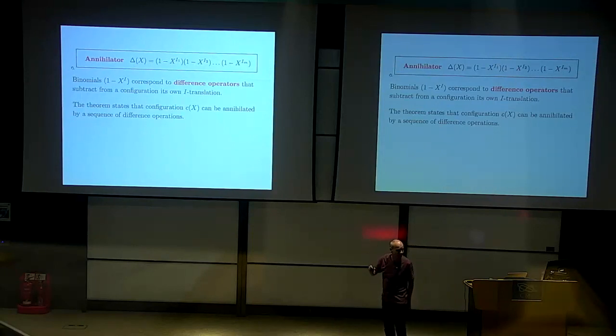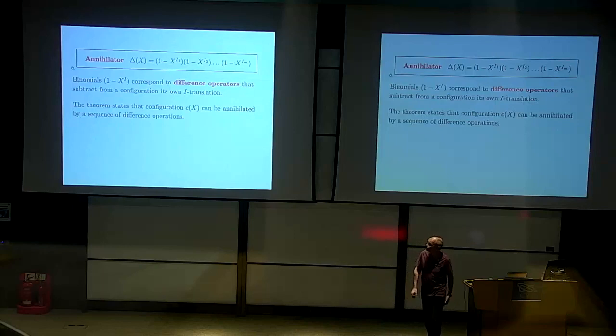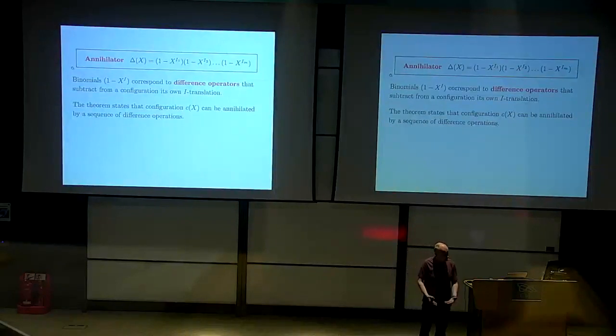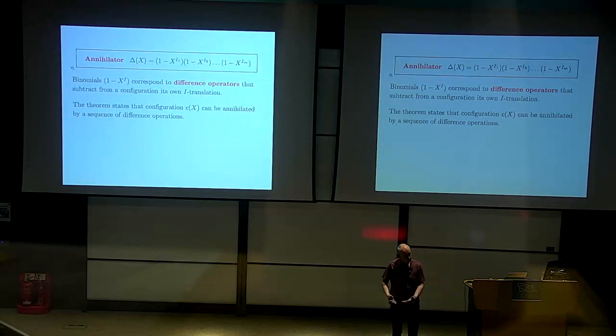Alright, so we get this very funny looking annihilator. These are difference operators. It says that if you have a low complexity configuration, or a configuration which has an annihilator more generally, you can make it zero by repeating this operation of shift and subtract. Then you do it again, shift and subtract. You do it a finite number of times, you get zero in the end.